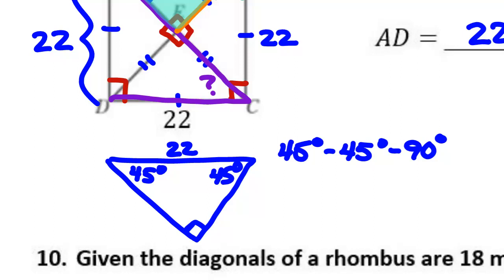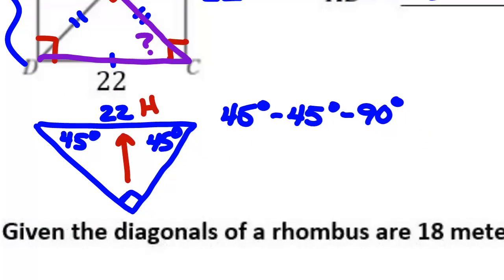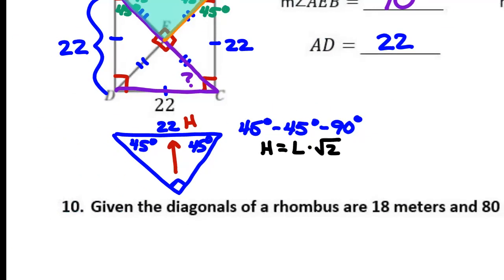That is a hypotenuse. And if you guys remember, our rule on a 45, 45, 90 triangle is that the hypotenuse is equal to the leg length times the square root of 2. We were asked to find BE, which is one of the legs, and we have the hypotenuse.